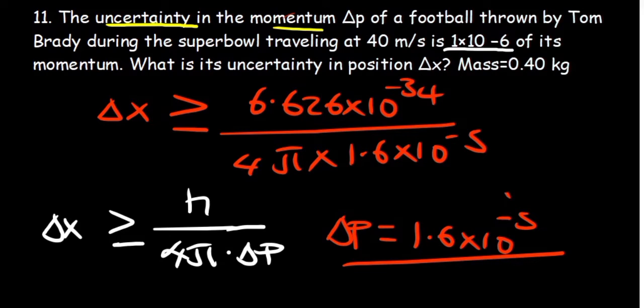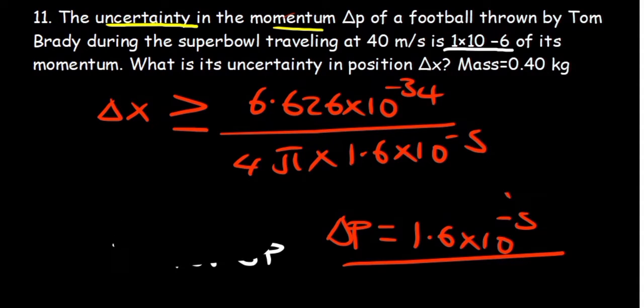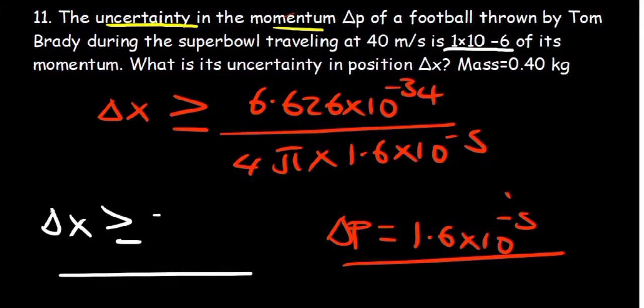You can grab your calculator and do the computation. So therefore our uncertainty in the position is basically 3.3 times 10 to the power negative 30 meters. So that's it for this question.